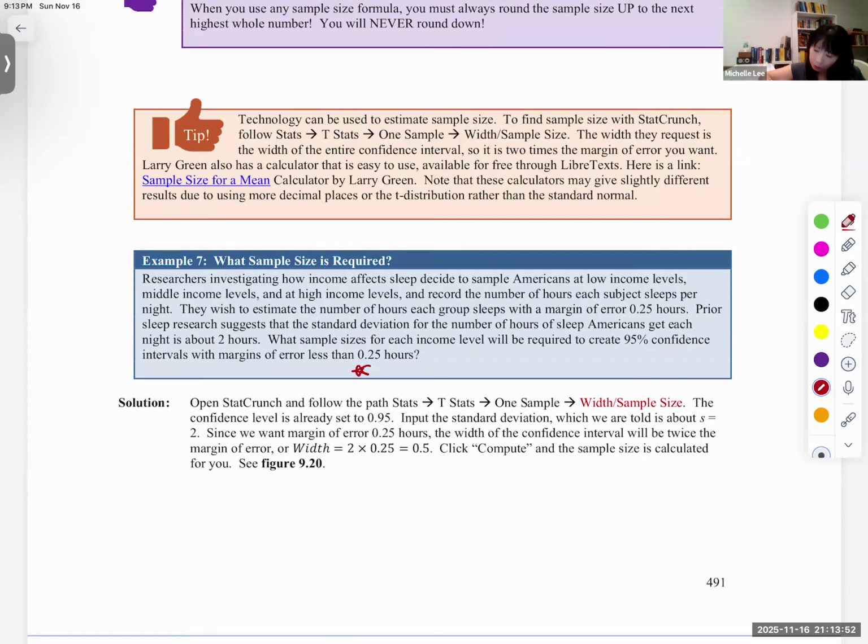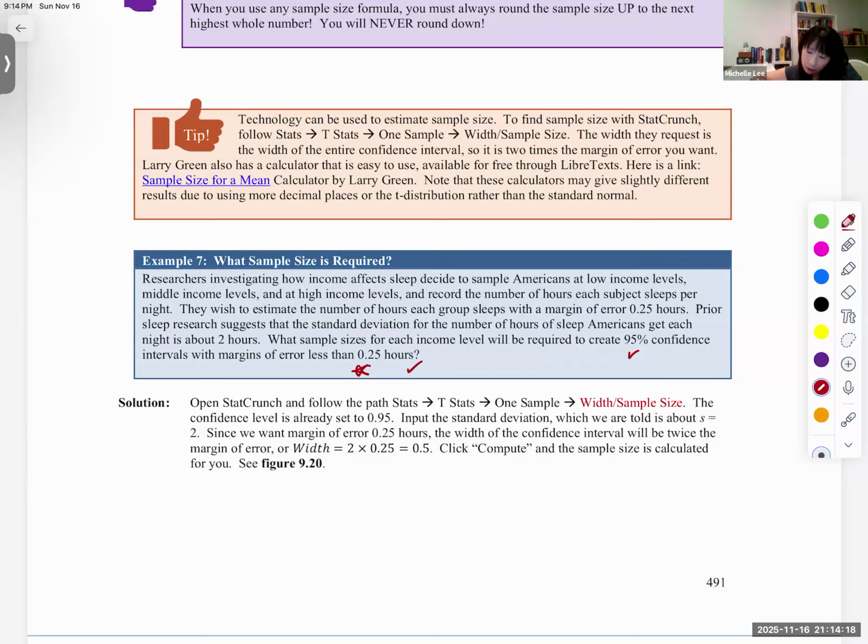This 0.25 is the margin of error, and then we have a 95% confidence. What information do we need? Confidence, and the standard deviation. Where is the standard deviation?